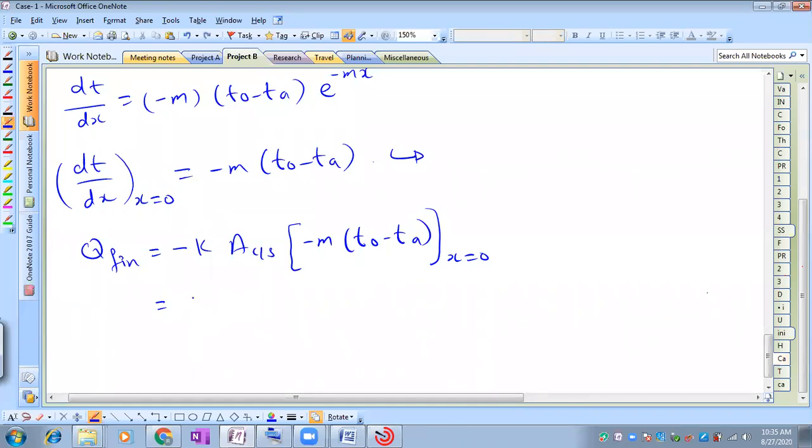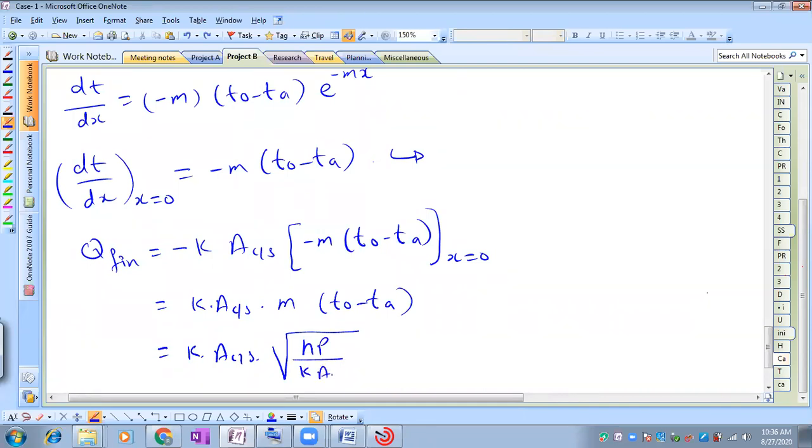So I get Q of fin equal to k into Acs, that is the cross-sectional area, into m into (T0 minus Ta). Further, m is the square root of hP upon kAcs, that we had already seen in the previous derivation.